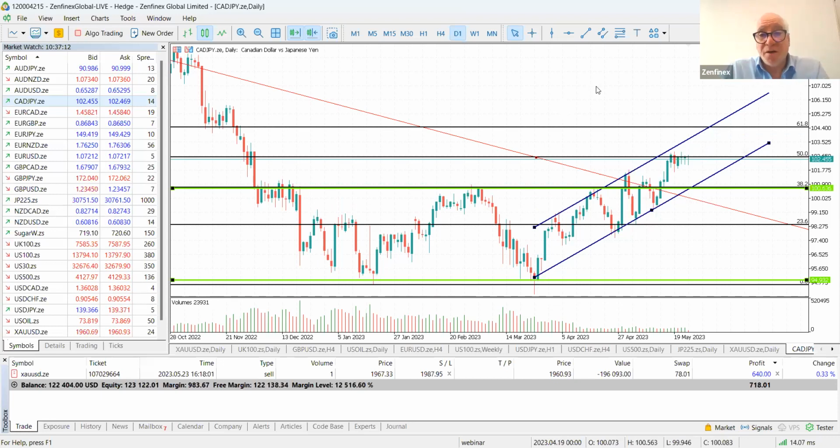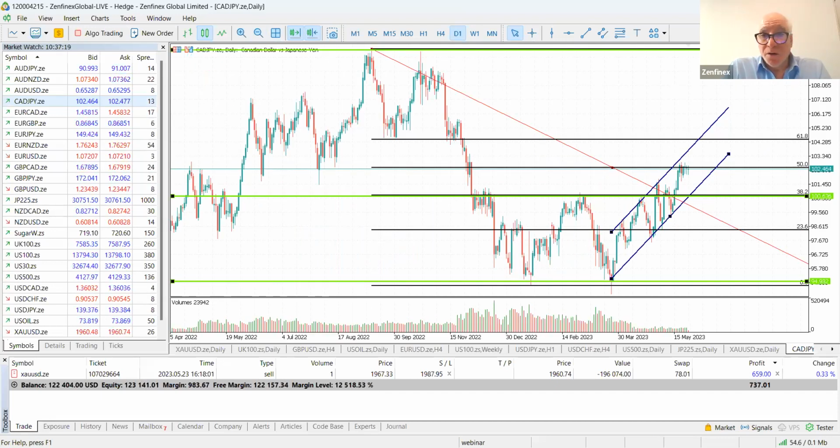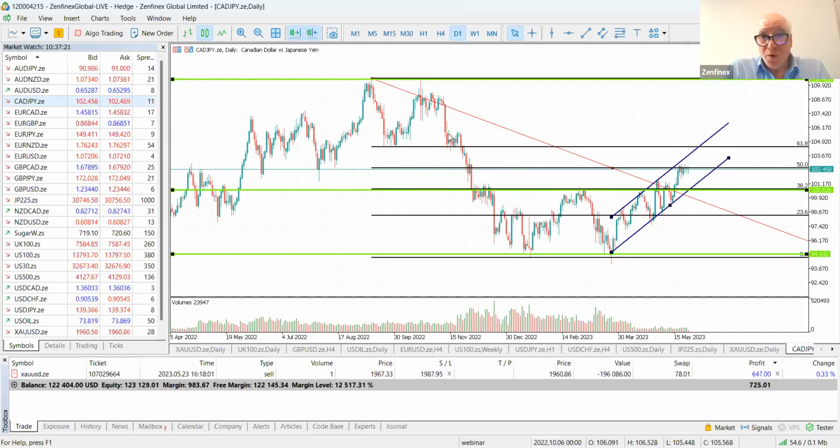So let's see if we can find a pattern that might be able to help us. And what we can see here, so where are our areas of difficulty, right? So we've got some areas here.